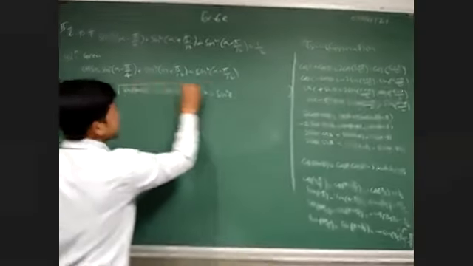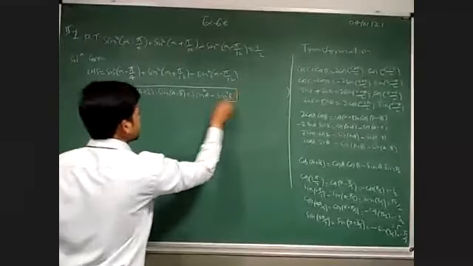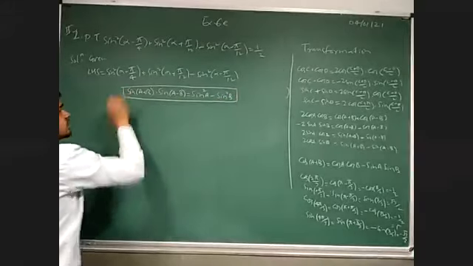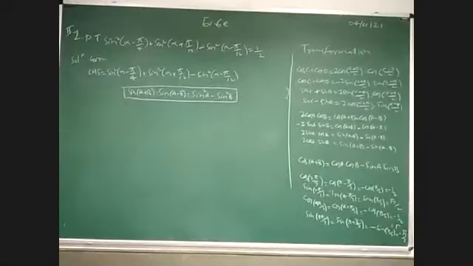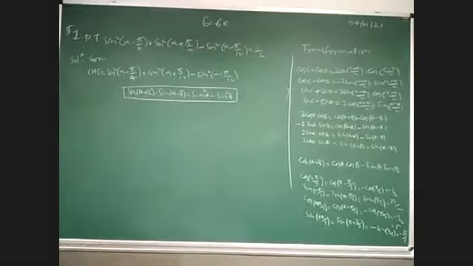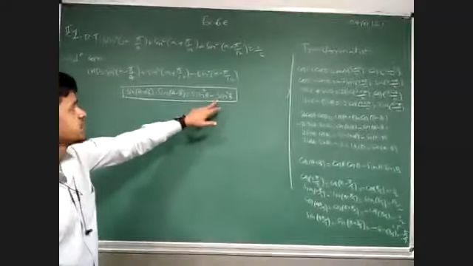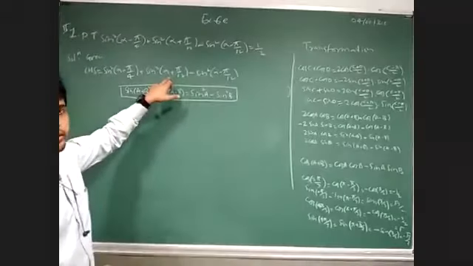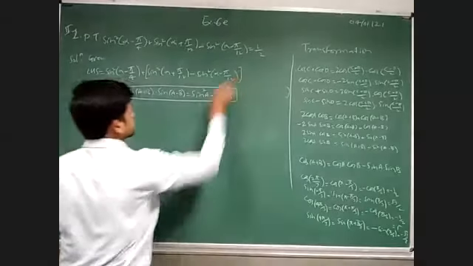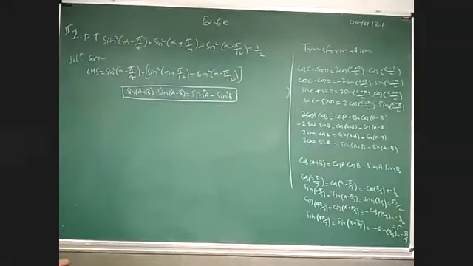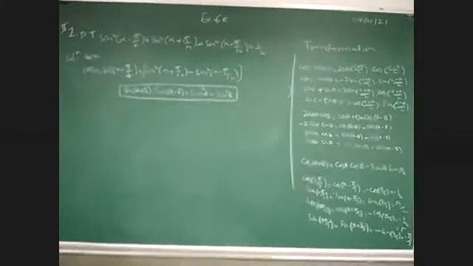This we learned while solving exercise 6c or 6d. Now we are going to use this formula sin²a − sin²b here.